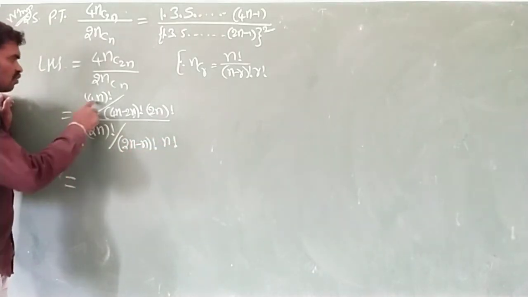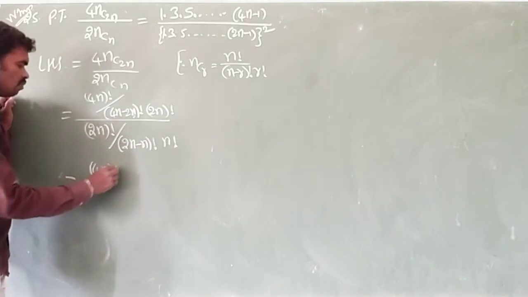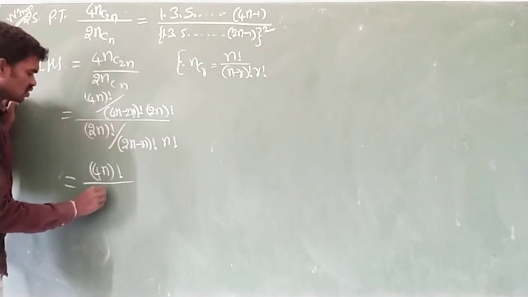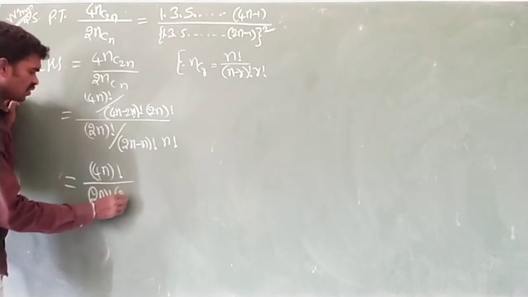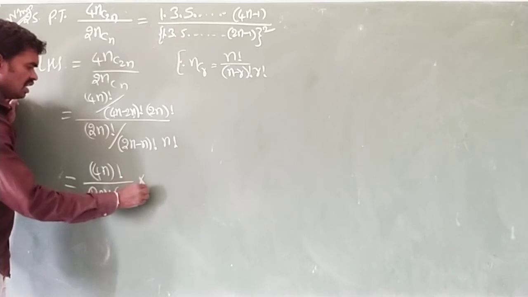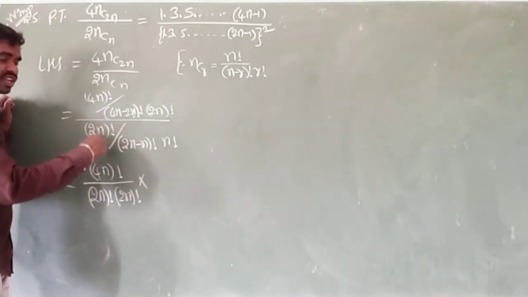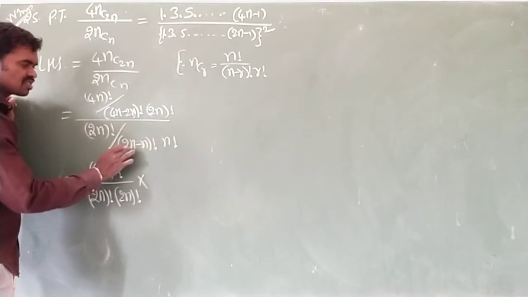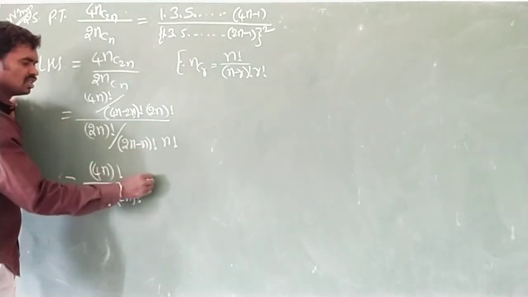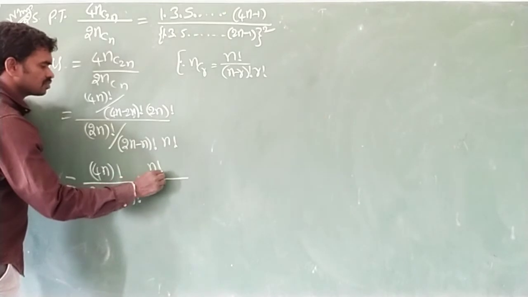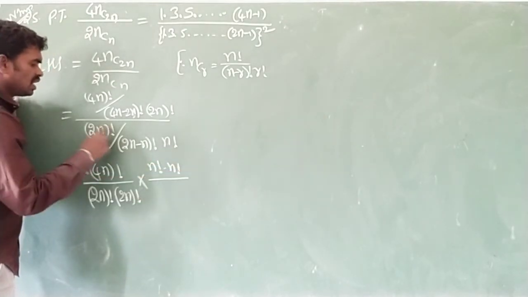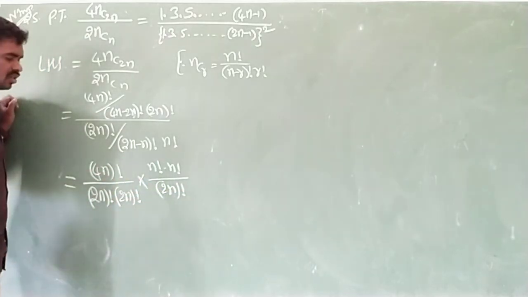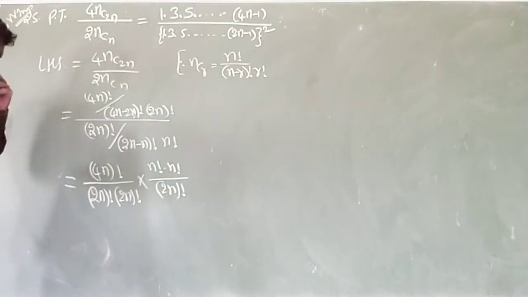So which is equal to 4n factorial by (4n minus 2n) factorial, means 2n factorial, so 2n factorial into 2n factorial. See, the denominator is also a fraction, so we can write the reciprocal of the denominator. What is the denominator reciprocal? (2n minus n) factorial into n factorial by 2n factorial. Okay, don't cancel.